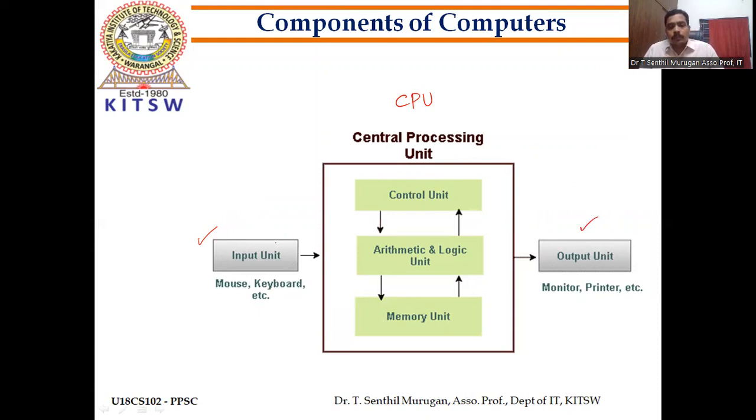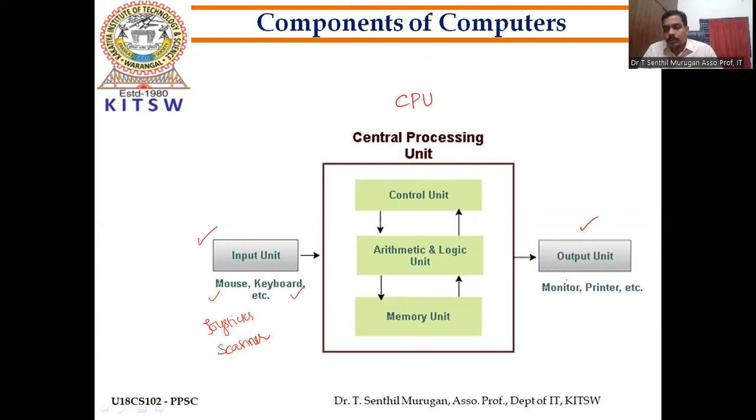In the input unit, the input devices give input to the computer. The input devices are mouse, keyboard, joysticks, and scanner. Devices that give input to the computer are considered input devices.